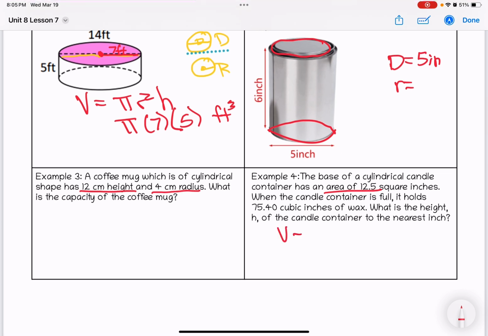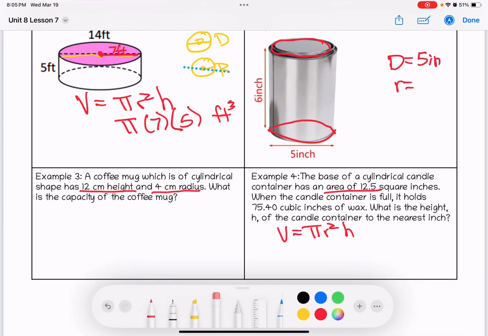So volume is pi r squared times the height. But it's telling me that I have an area of 12.5. So here's what that means. This piece right here, pi r squared, is my area. So my volume, 12.5, but I'm looking for the height.